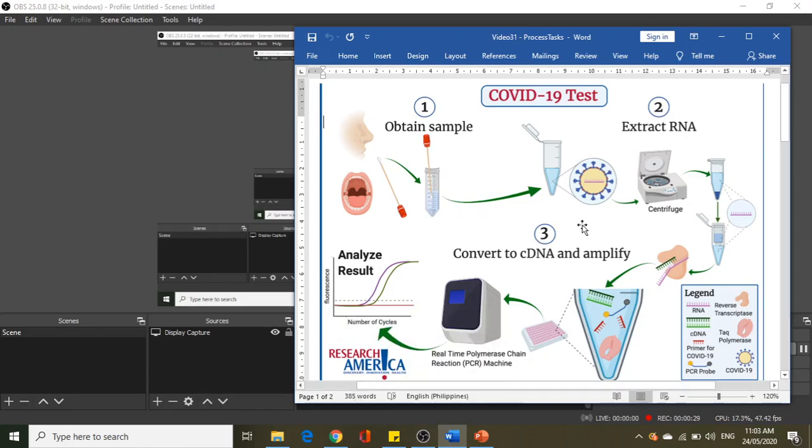a PCR test is performed to determine if you are positive for COVID-19. How a test like this is performed. And so, for a process task, you can tell by the fact that it's highly illustrated.